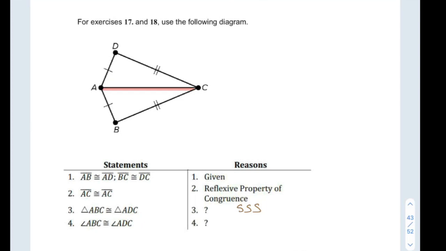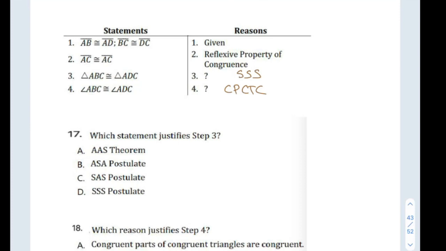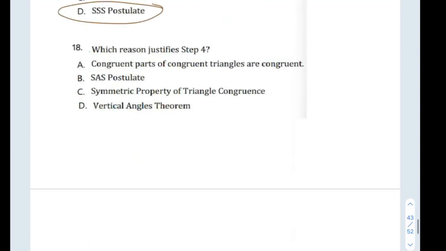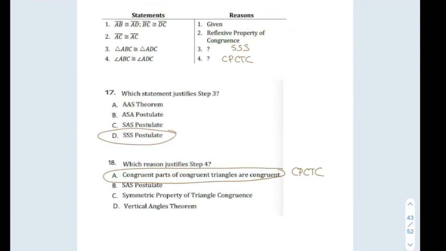This means we are using CPCTC, which means corresponding parts of congruent triangles are congruent. So this is the result of congruence. And that means we are going to fill the blank by D here and A here. A here is the CPCTC. So we are just choosing them in the proper way.